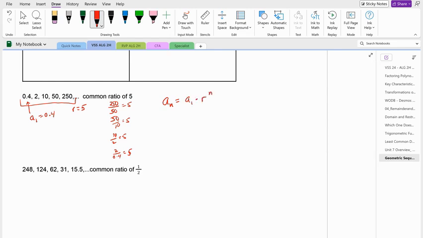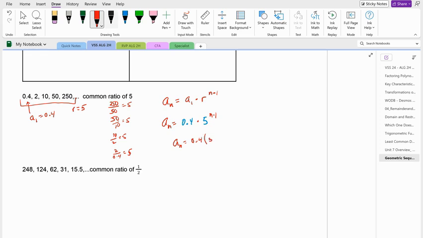So if you wanted the nth term, that's what that's called, the nth term, remember that that's just the first term multiplied by r raised to n minus 1. So we would say a sub n is equal to 0.4 times 5 raised to the n minus 1.